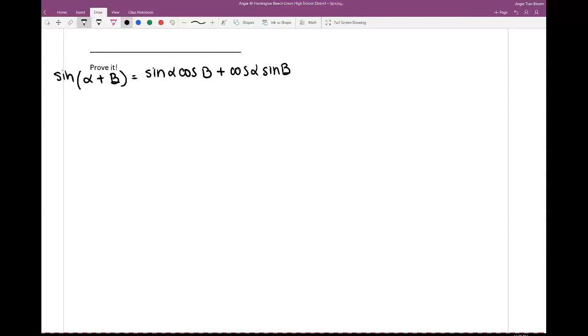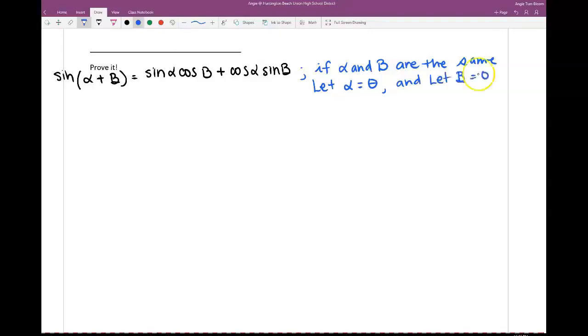So what if alpha and beta are the same? What I mean is, let alpha be theta and also let beta be theta, okay?